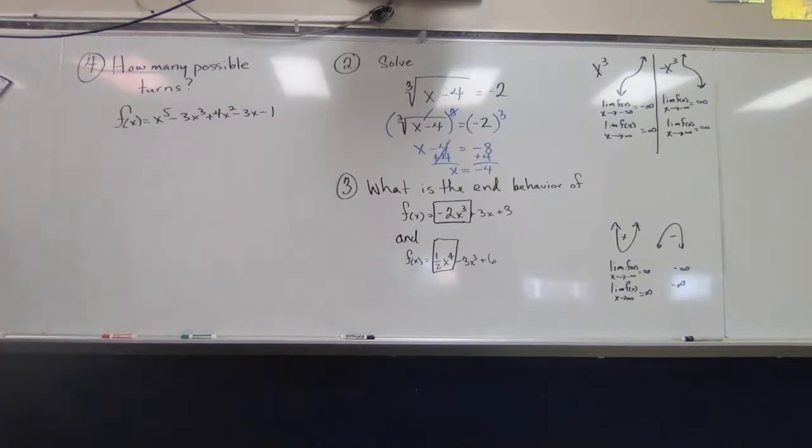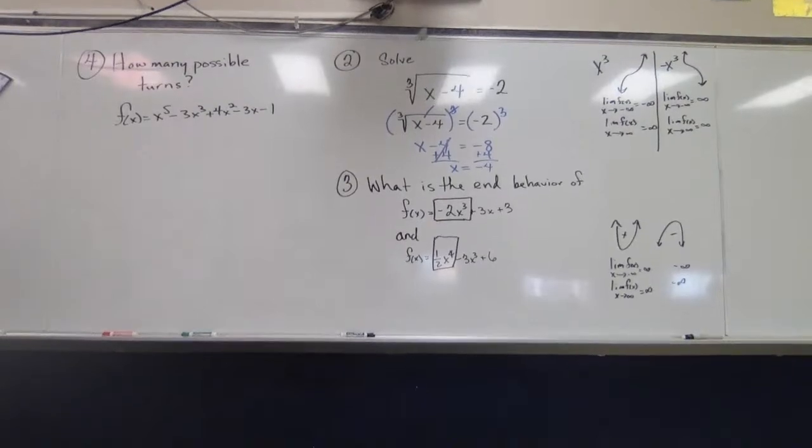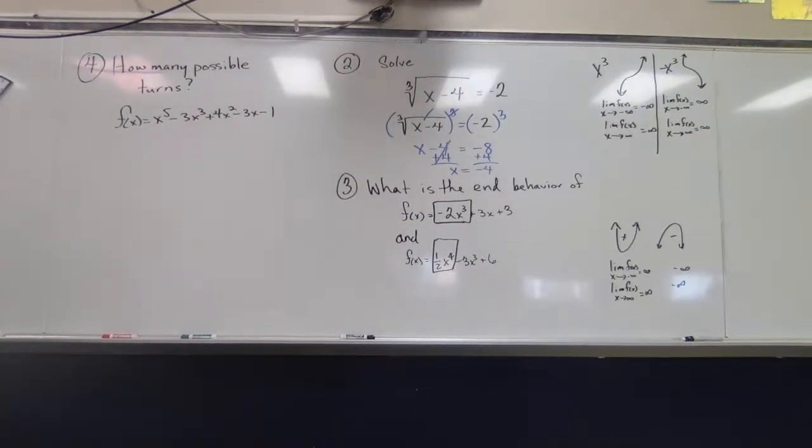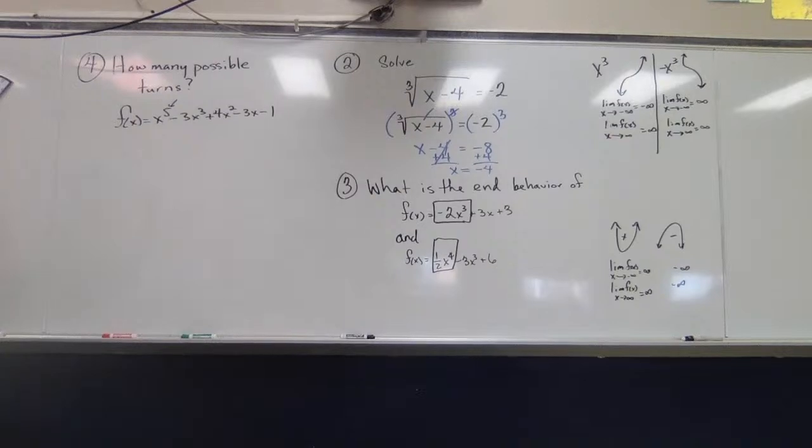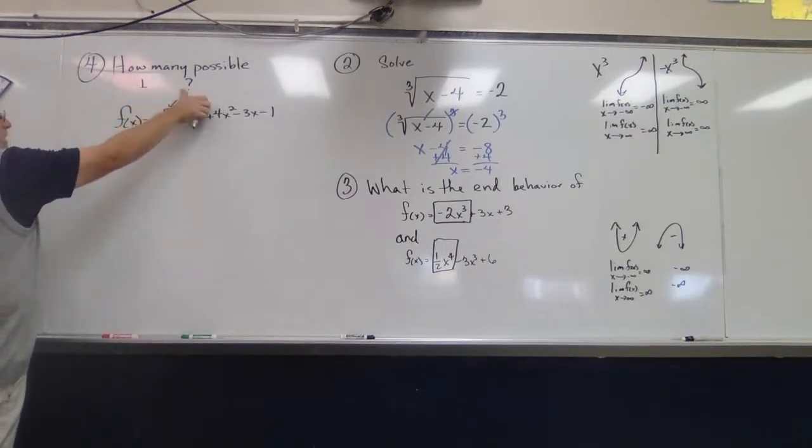How many possible turns? How do you know? 5. 4. 5. Turns is the degree. Sorry. Possible zeros. I meant to write zeros. Oh, because that would be 5. Okay. I had zeros in my head and I wrote turns.